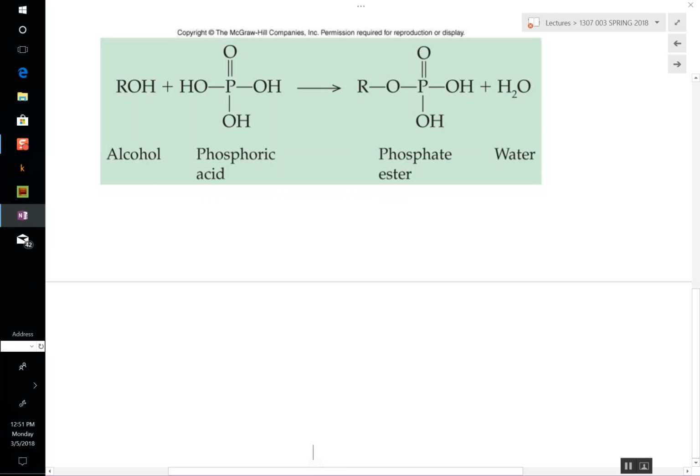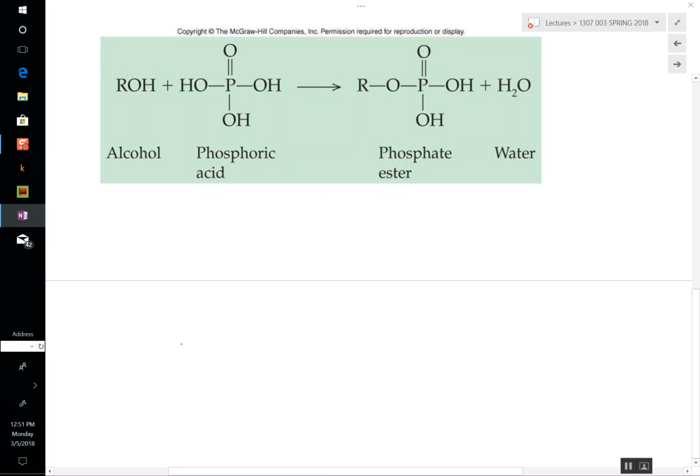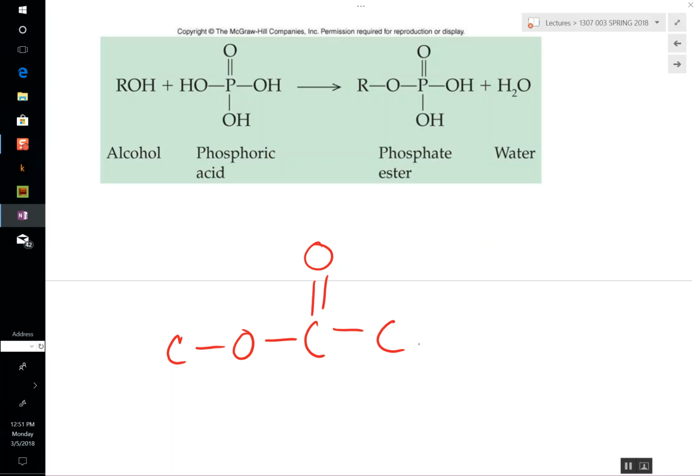Now remember, your regular ester functionality looks like this: a carbon, oxygen, carbon with an oxygen double bonded to it. There's your ester. Well, what do we have here? We've got a carbon, oxygen, phosphorus with a double bond to an oxygen. So hence the name phosphate ester.